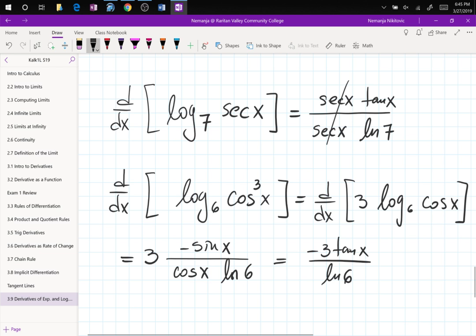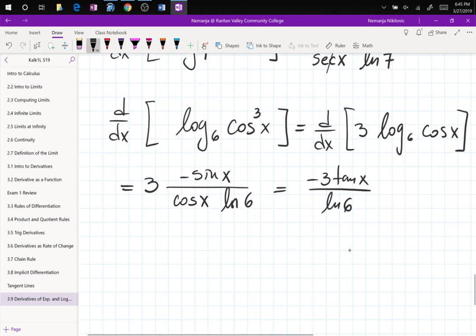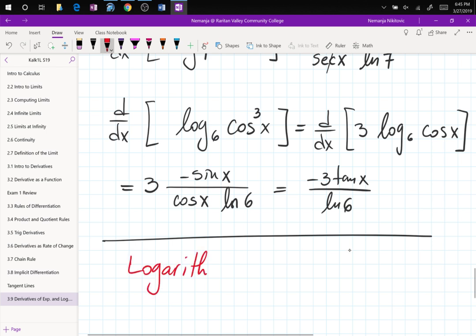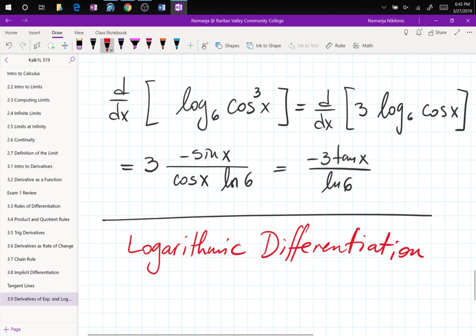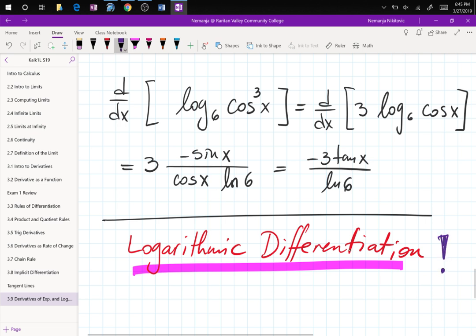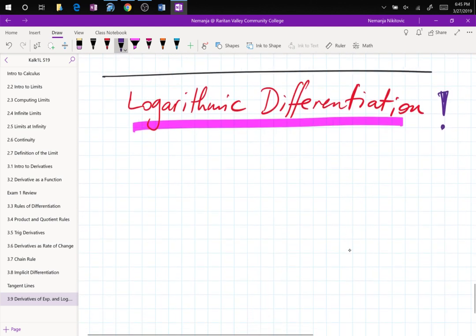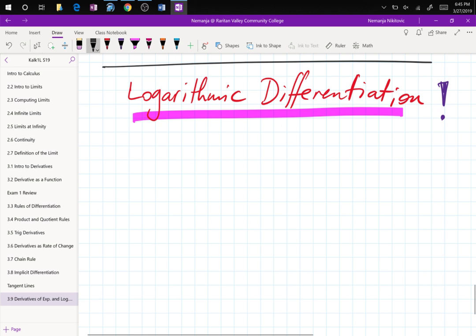Part 3. Logarithmic differentiation. We start with an example.